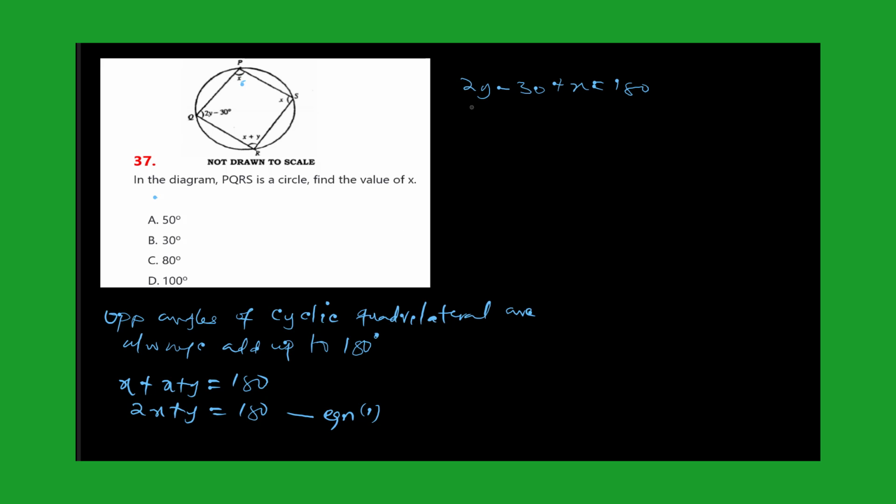So x plus 2y equals 180 plus 30. So this will be x plus 2y equals 210. So this should be equation 2. So now let's solve this equation simultaneously. Let me record the two equations.